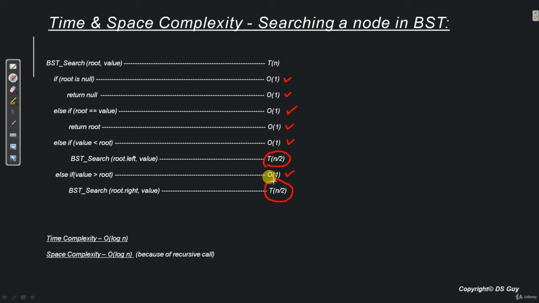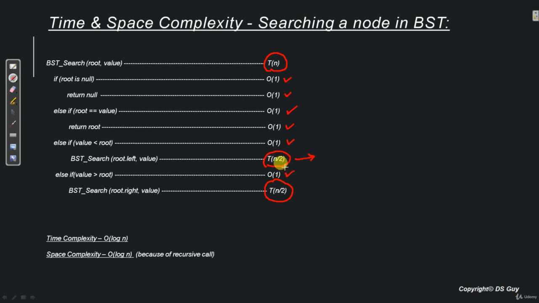Now if you remember from the back substitution method, we said that whenever we have a recursive call, we typically try to assign a function to the original call. So here we are saying T of n is the time that will be taken by this entire algorithm. Here we can say T of n by 2 will be the time taken for this recursive call. Now how are we getting T of n by 2?